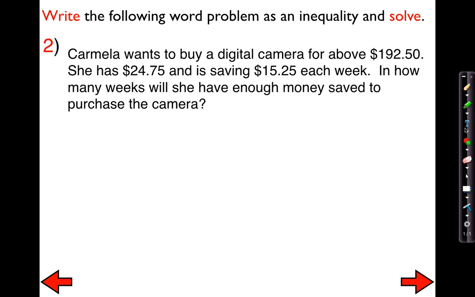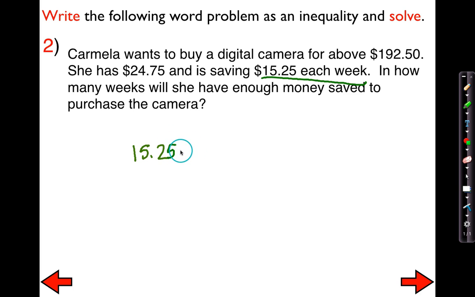But on top of that, she's going to be adding $15.25 every single week. So I'm going to go ahead and call this my rate of change. Every single week, she's adding $15.25 more. So that's going to be my coefficient, so $15.25. We're going to take this and multiply by the amount of weeks that she's saving for.